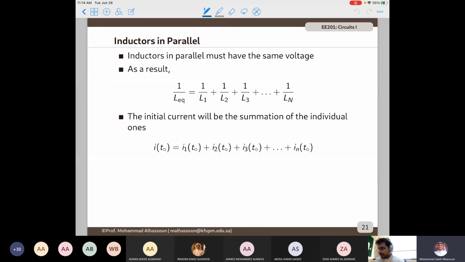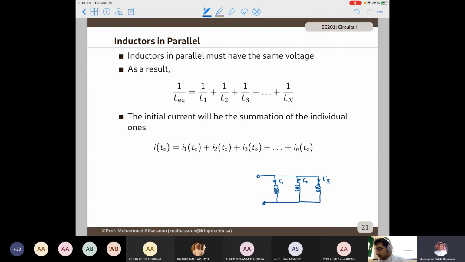For inductors in parallel, we have the following situation. So this is I1, I2, I3. They have a common voltage between them.